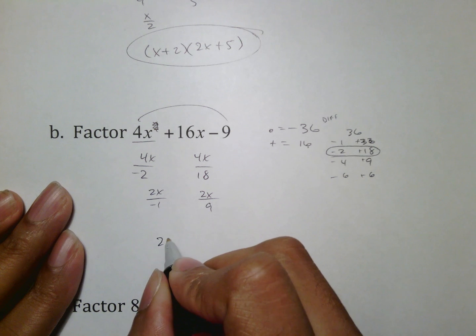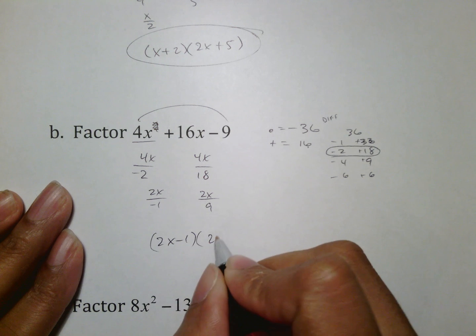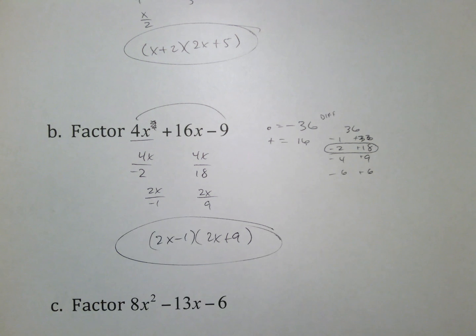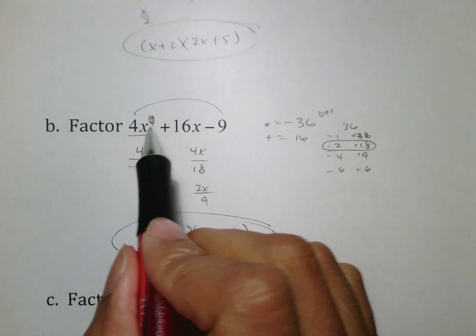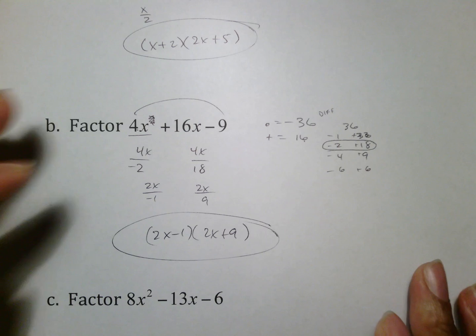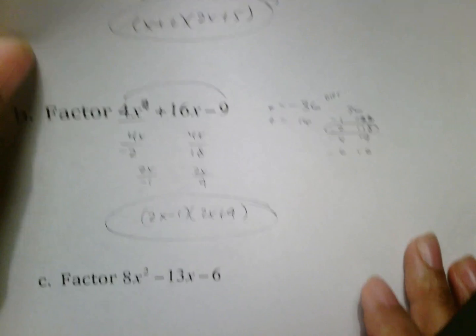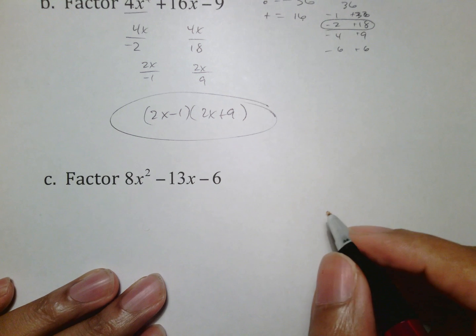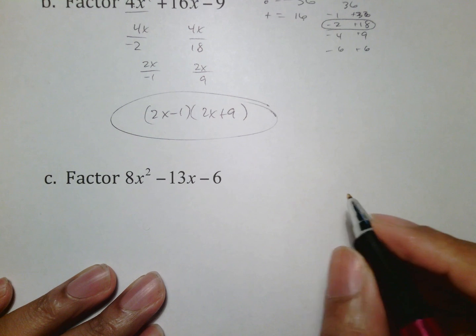And in the end, your answers are 2x minus 1 and 2x plus 9. Okay? So again, the shifts that occur, use that number on top and reduce every fraction that you can reduce. Sometimes it's 1, sometimes it's 2, but it should at least be one fraction you can reduce on this, so make sure you check whenever you do that.